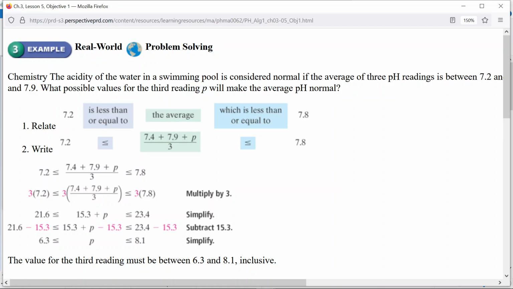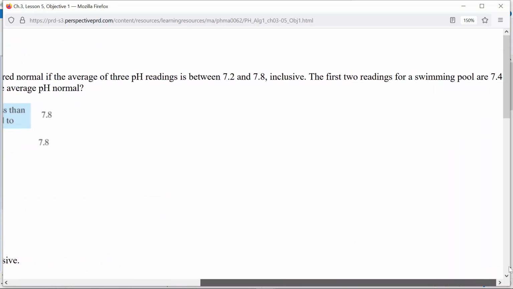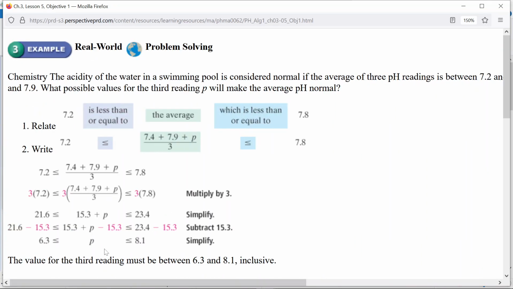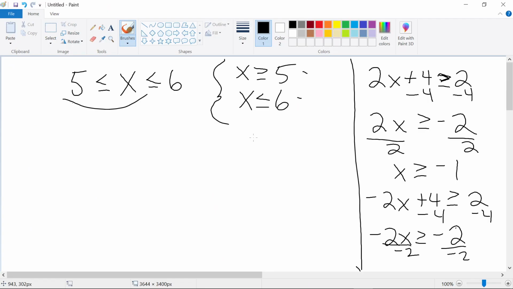It says the acidity of water in a swimming pool is considered normal if the average of three pH readings is between 7.2 and 7.8 inclusive. Okay, it's got to be between 7.2 and 7.8 inclusive.